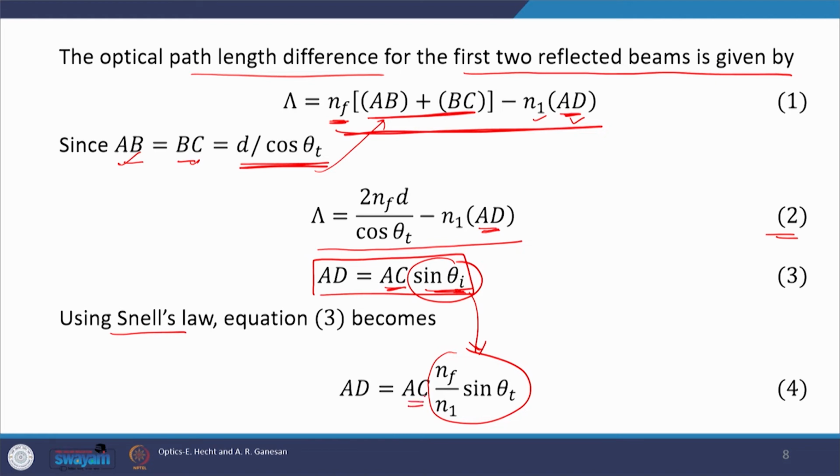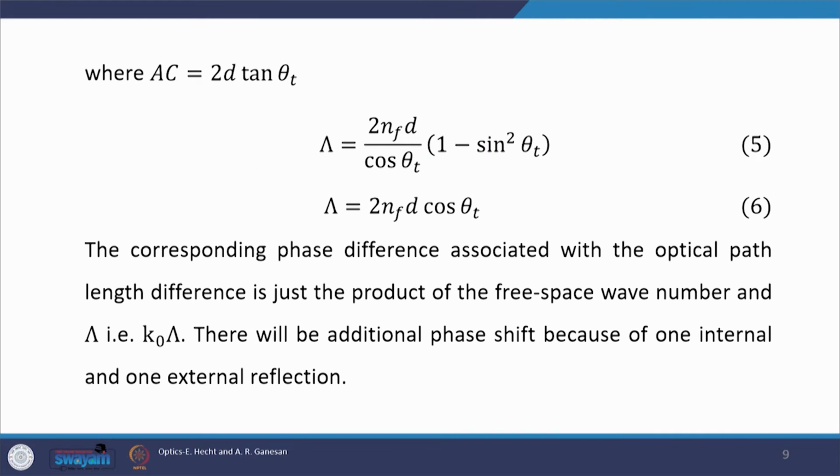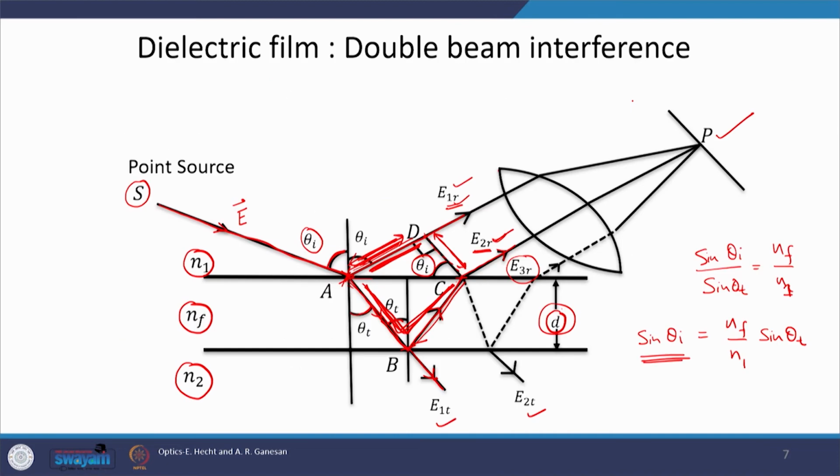Once it is done, the next unknown is AC. Now, from the figure itself, AC is equal to 2d tan theta t. AC is this distance and B is situated here, and this is your d, and this is theta t. Using very simple trigonometry, we can calculate that AC is equal to 2d tan theta t. This is nothing but this part of the diagram.